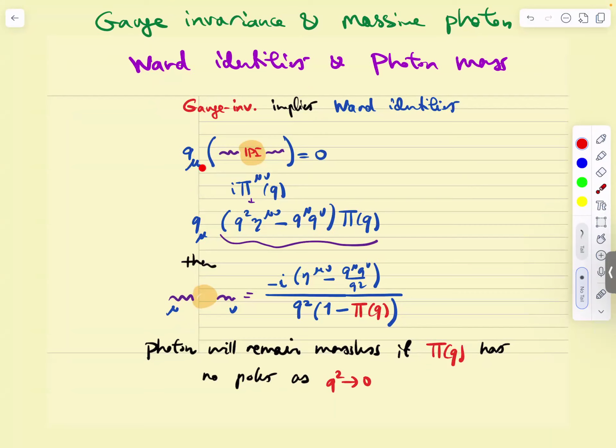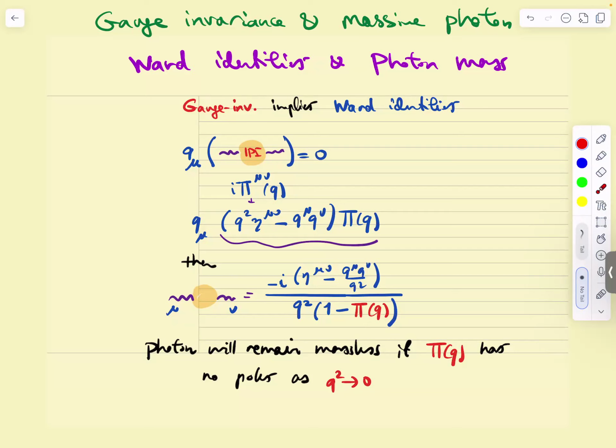Gauge invariance tells you that q^μ contracted with the 1PI propagator should be 0. That means that Π^μν has to take this form, and then when you resum all of these, it becomes 1 over q squared times 1 minus Π(q). So far, so good. These will still go through.